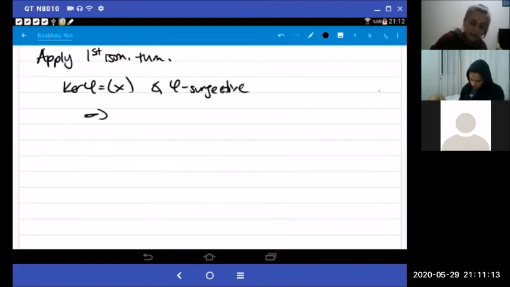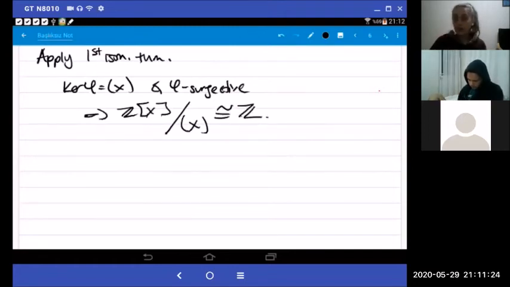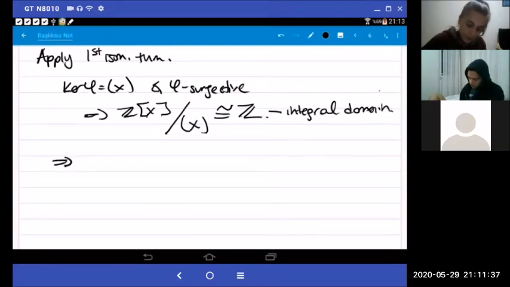This means that if you divide Z[x] by the kernel, the ideal generated by x, this is isomorphic to your range, which is Z, since phi is surjective. But you know that Z is an integral domain. Now apply the theorem. This implies that the ideal generated by x is a prime ideal.